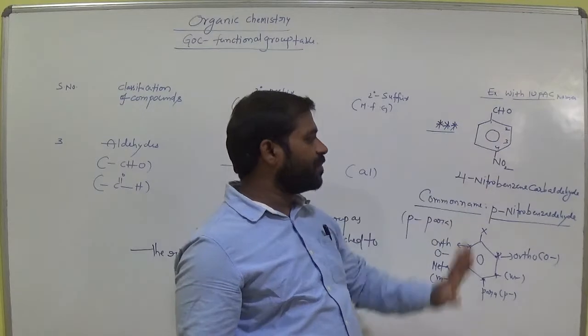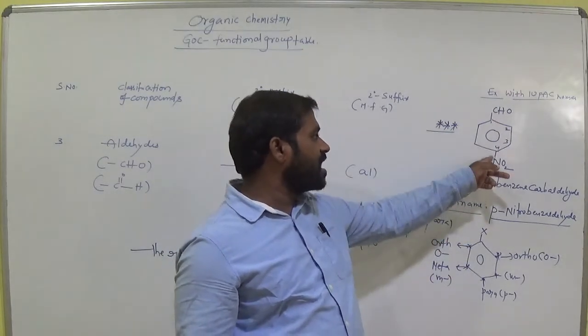Here the nitro group is at the para position, am I right? So the common name is para-nitro benzaldehyde.